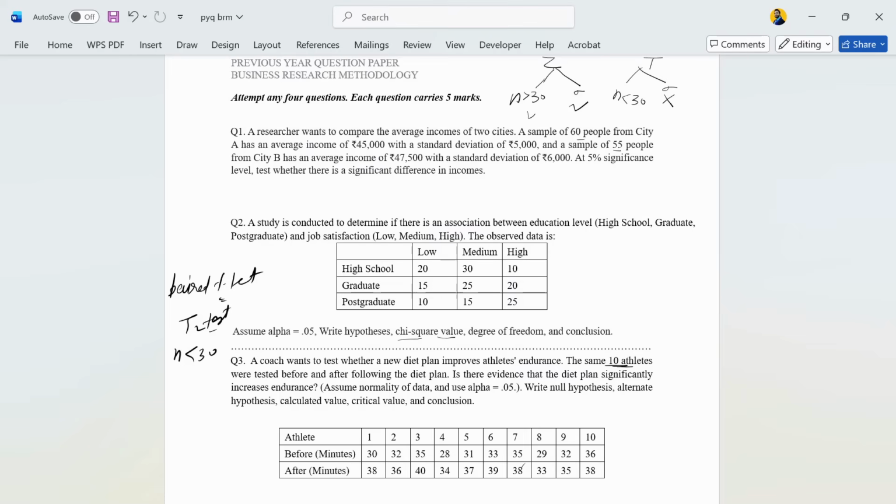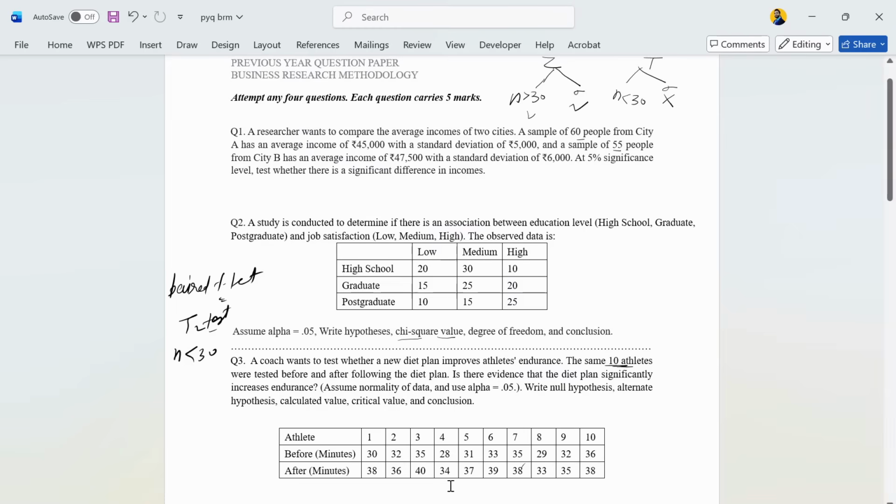So make sure the population or sample remains the same before and after. Here it is written clearly that the same 10 athletes were tested before and after following the diet plan. So yes, we are now 100% sure we will apply a t-test, and it is a paired t-test.